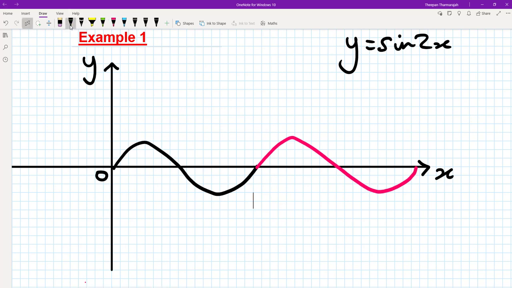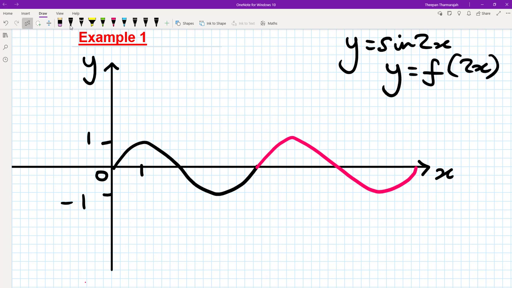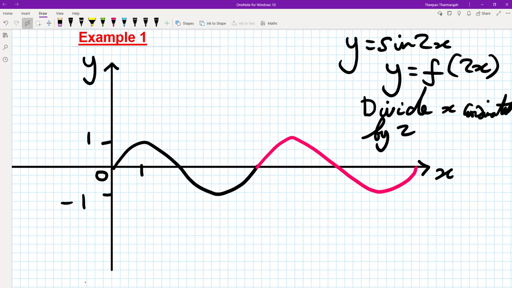Then what happens is y stays the same, as in 1 and -1. But we know the rule for this, for y equals f(2x): we divide all the x coordinates by 2. So they basically get halved.